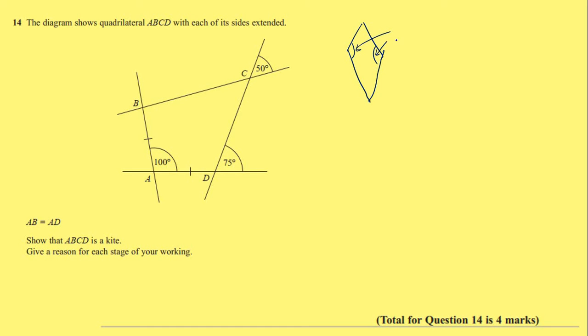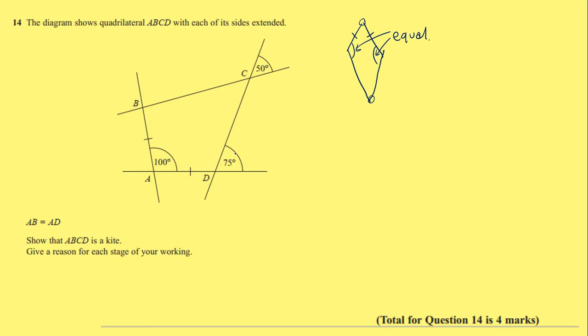Okay, we need to prove that these are equal. And we also need to prove that those 2 sides are the same length, and also that these 2 sides are the same length. Okay, but it's perfectly fine for us to prove these. We can prove these and also prove that these 2 are different if we wanted to.